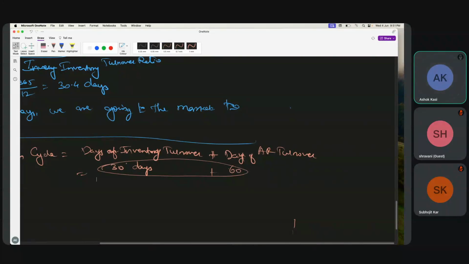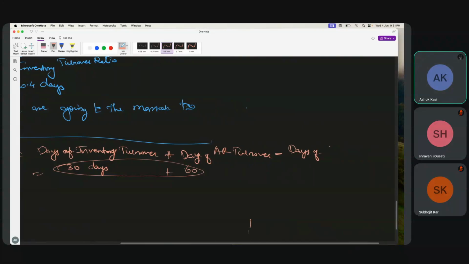However, you are also using somebody's money, right? You are also buying on credit. So you will minus days of accounts payable turnover. Let's say you are taking 50 days' time to pay.